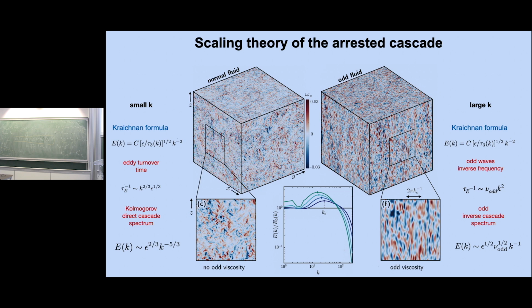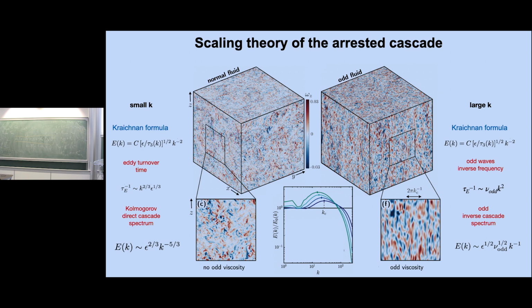One way that I find inspiring was derived by Krishnan. Krishnan has a formula based on dimensional analysis, and I don't have the time to derive it, in which you insert a time scale, and in the case of Kolmogorov, the time scale is what people in turbulence call the eddy turnover time.